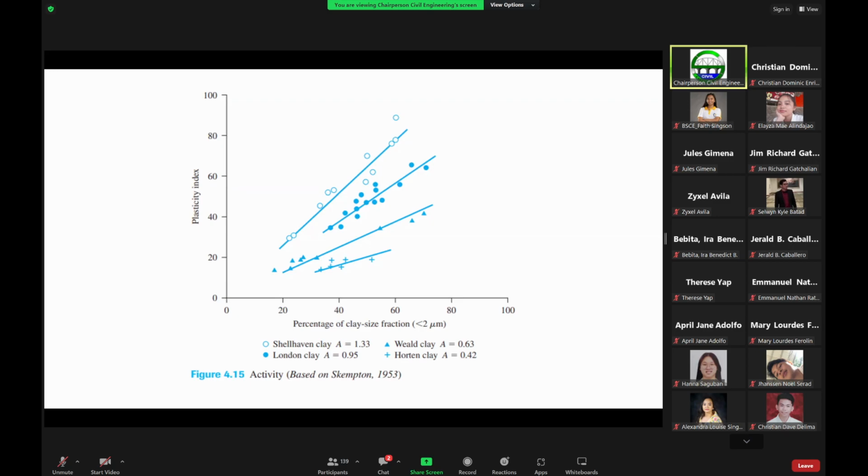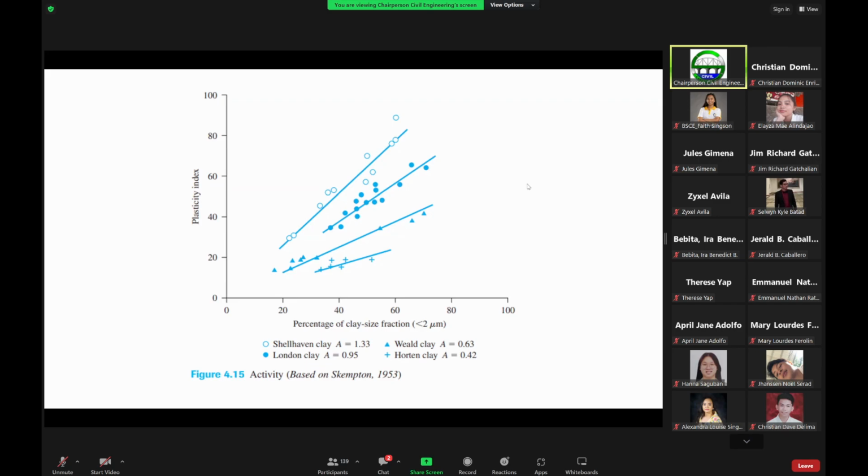Normally, they are mainly composed of clay materials. So there they did some research and then they plotted the plasticity index of each of these materials. And then they tried to plot a line. So here you now have the 4 plots for 4 different clay materials, derived from different countries.